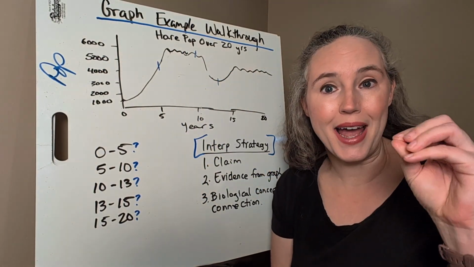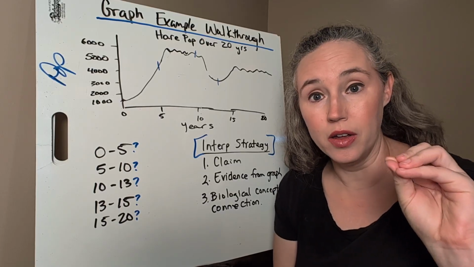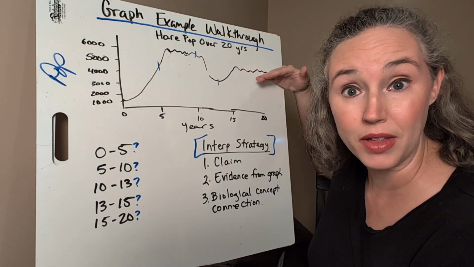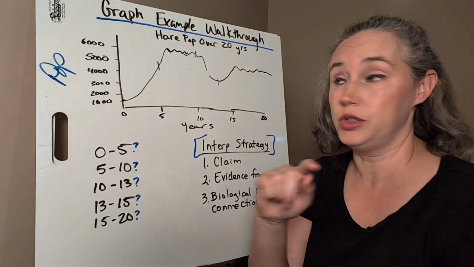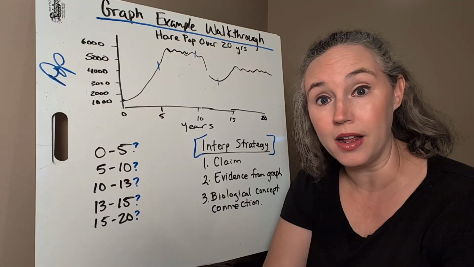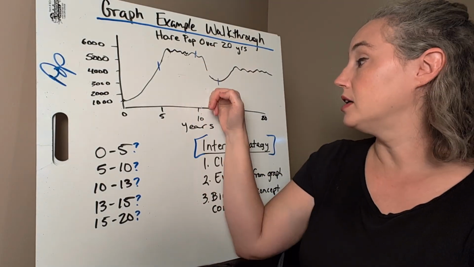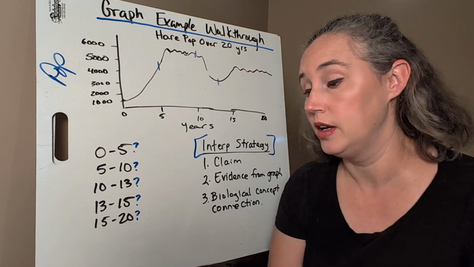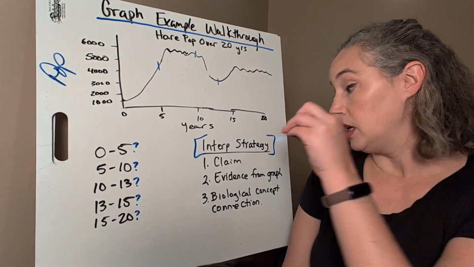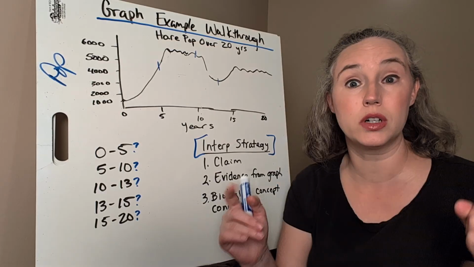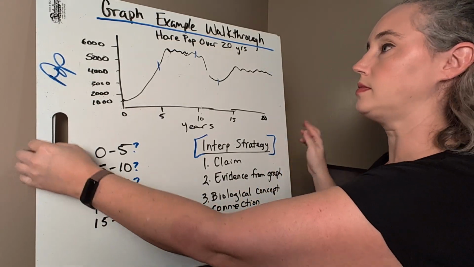So the carrying capacity of that area changed from 6,000 hares to 5,000 hares due to whatever density independent event happened here, in this 10 to 12 area. So claim, evidence from graph, biological concept connection.